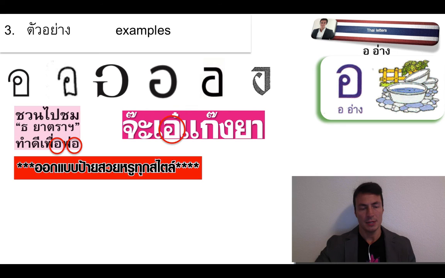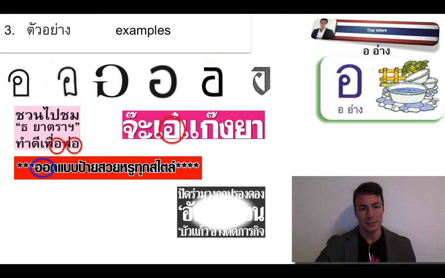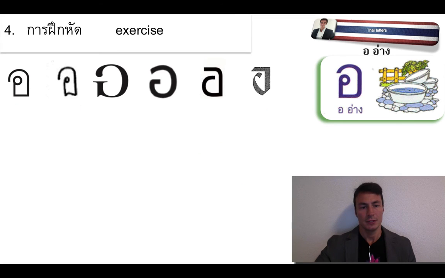Another example here where we have two ang writing symbols at the very beginning, and one more example here where we have the ang twice in the first line and also twice in the second line, and in the third line one more time.